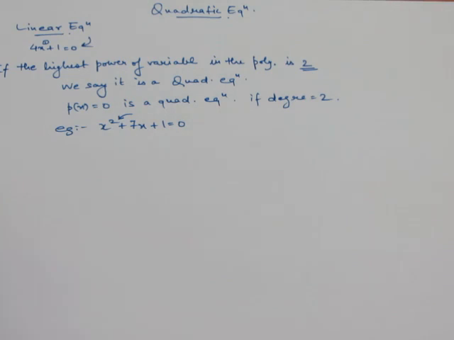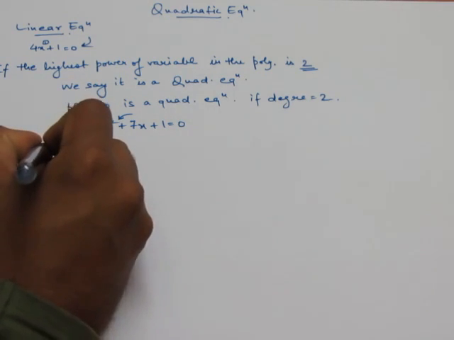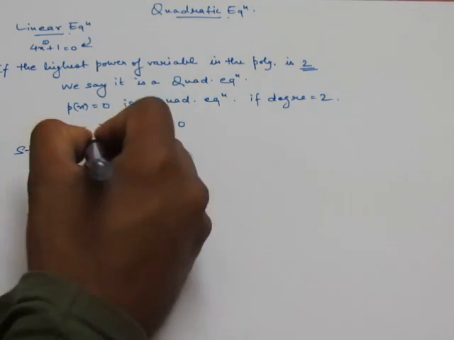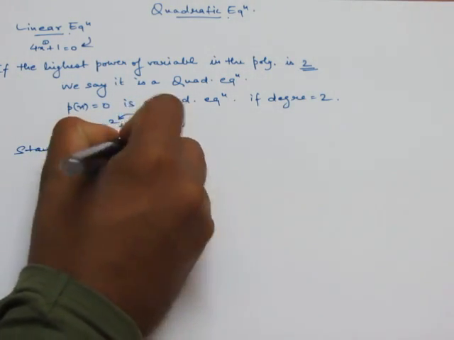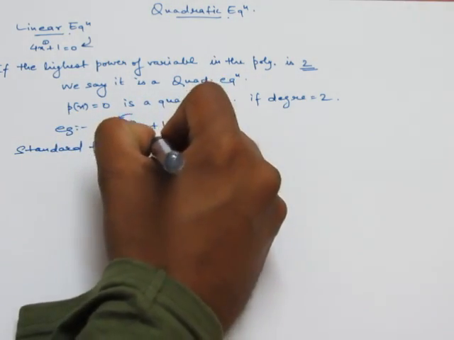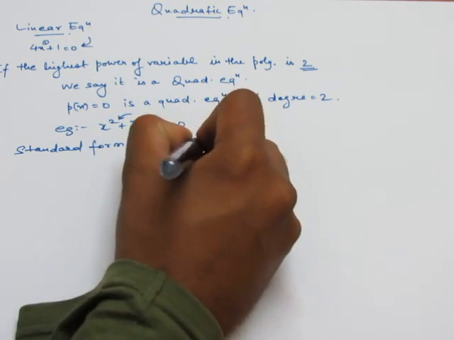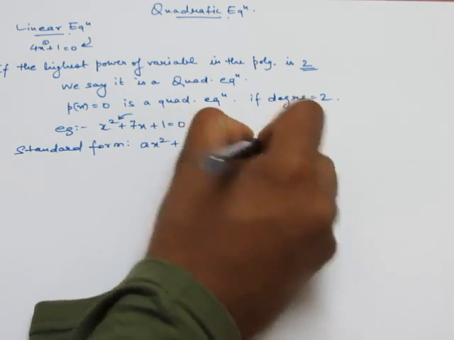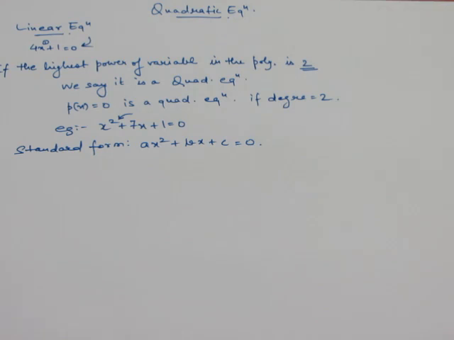Clear? So standard form, I can say it is ax square plus bx plus c equals to 0. Standard form of a quadratic equation. Right?